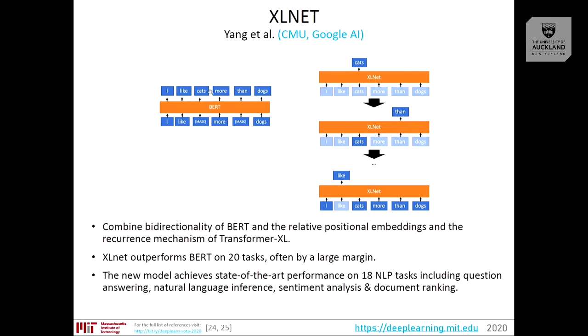Some models just try to predict the masked token. Just remove the word cat and ask the model to predict the cat. And some models just try to predict the next word, because languages usually go from left to right. So I like to play the next football, cricket, or whatever, right?